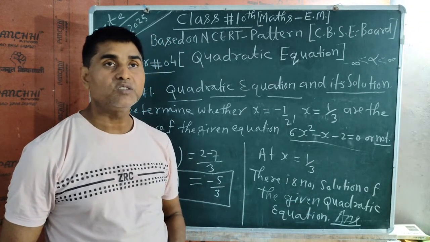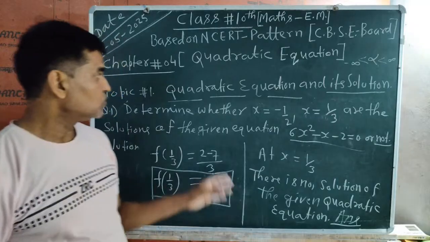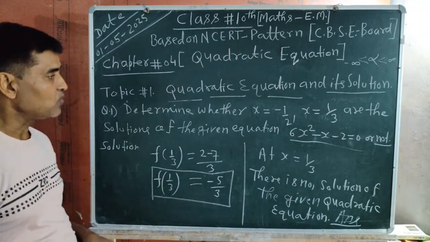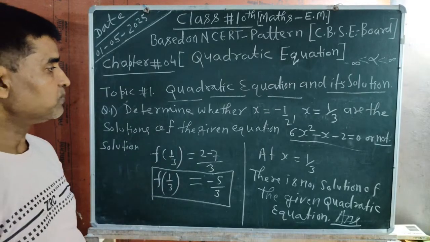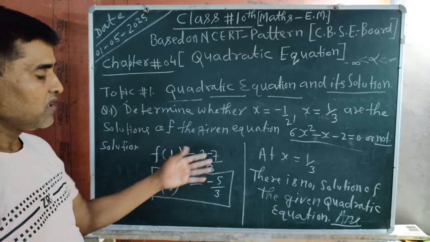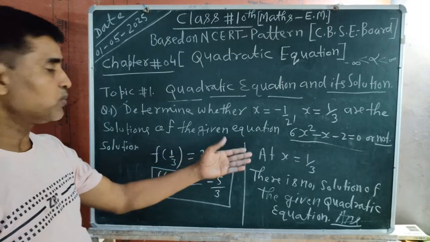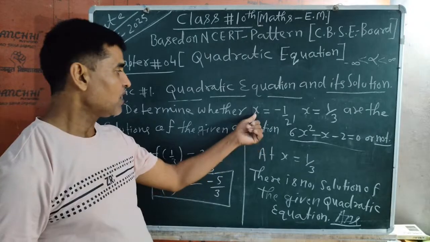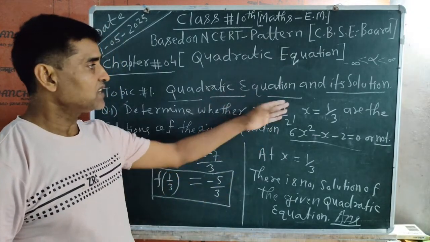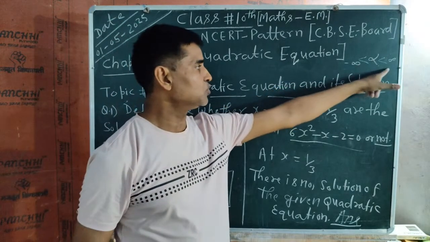So according to this way, I can solve any question which is related to this topic. Okay student, so I hope that you are doing very well, because if any question is given like this, you have to assume f of x is equal to 0, and you have to calculate the value of f at alpha and also beta, gamma. Any points are given, from minus infinity to plus infinity.